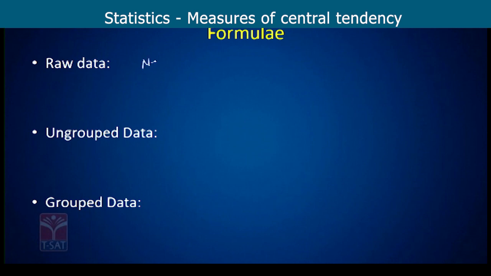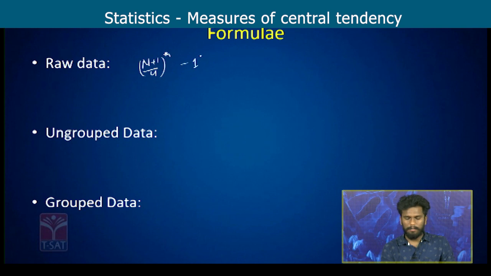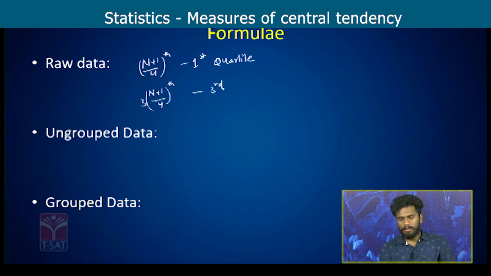For raw data, how do we write it, n plus 1 by 4th item which will give you the first quartile, and 3 into n plus 1 by 4th item which will give you the third quartile. So same as for ungrouped data also.